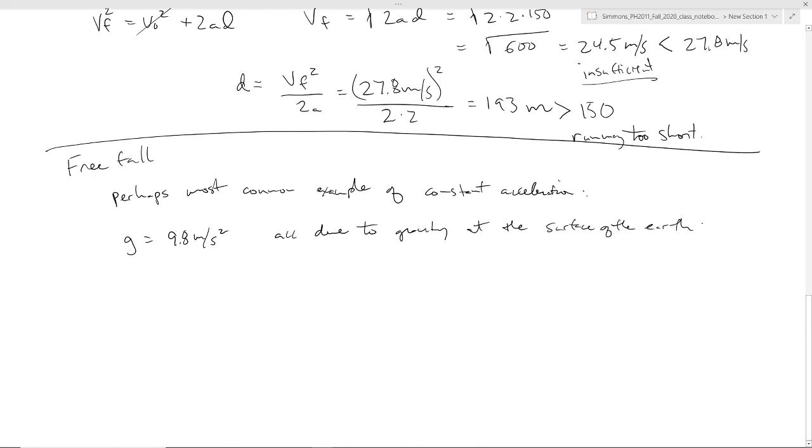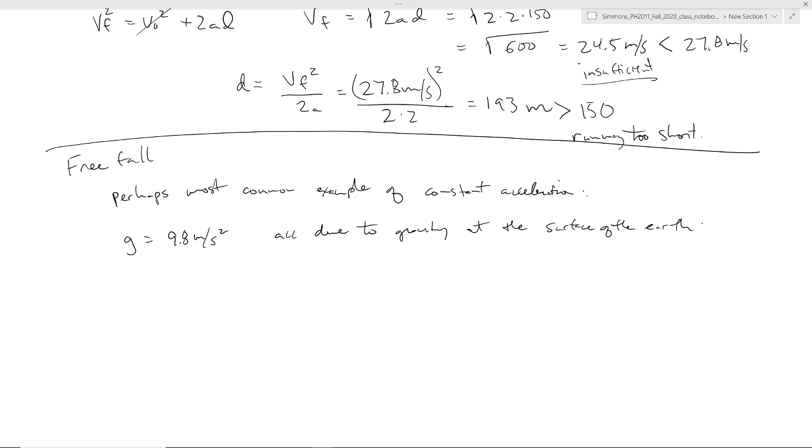And this is a little bit of a lie, or I should say, when we say that this is constant, if you look at small changes in height near the surface of the Earth, it's going to be constant. But if you were to drop something from very far away, the acceleration would change.